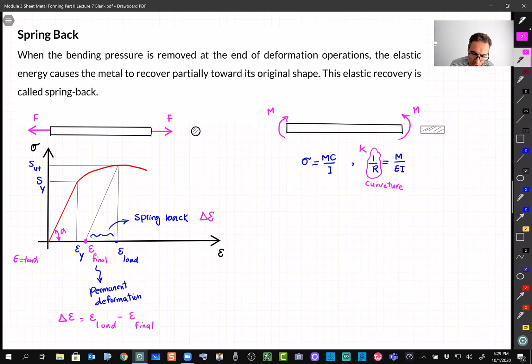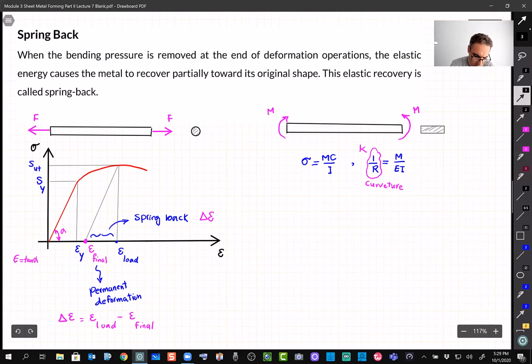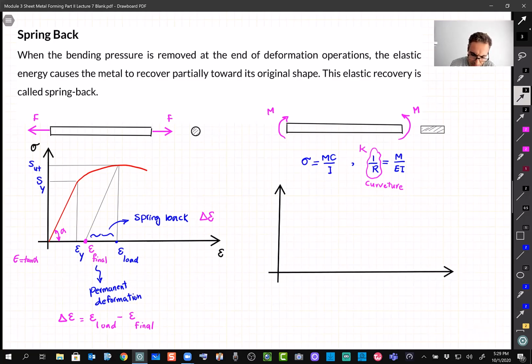Now let's draw the same diagram for bending. Maybe I need more room. Okay, so let's say that this time this is going to be M, the bending load, and this one is going to be K, which is 1 over R. This is the graph that we want to get.